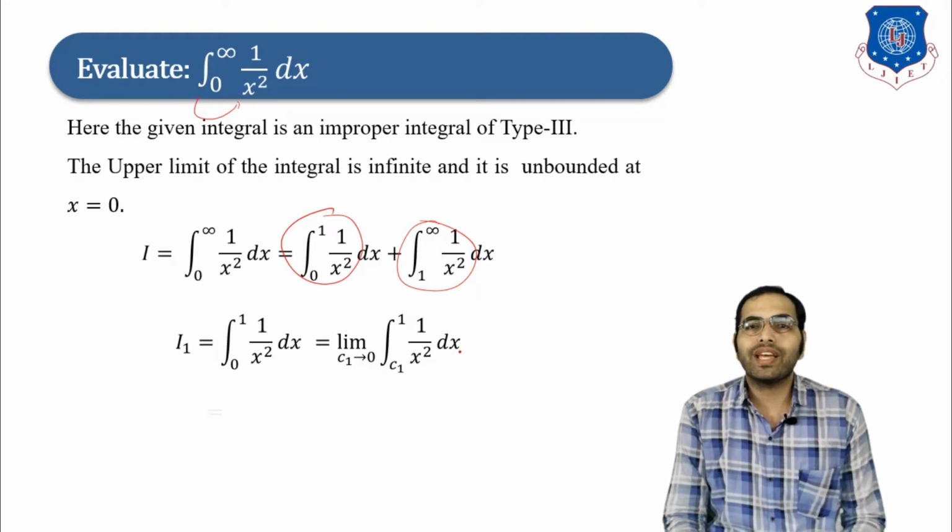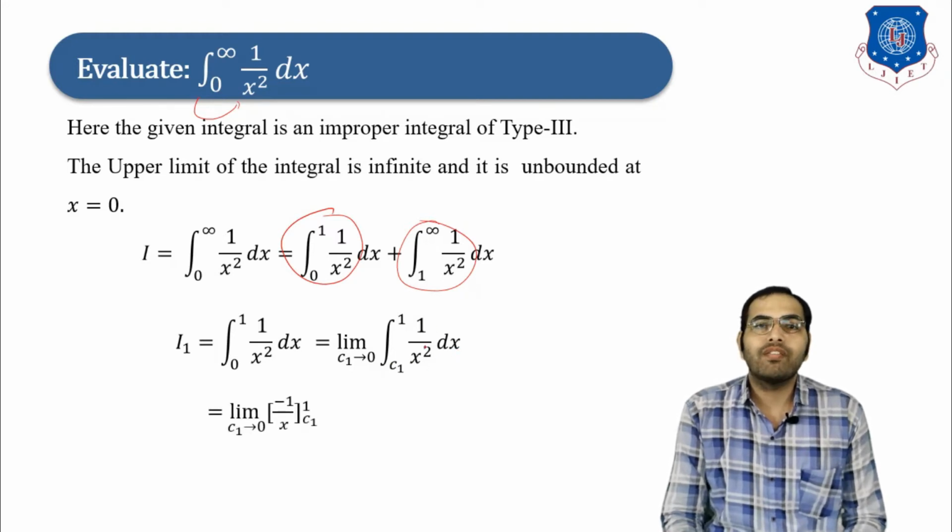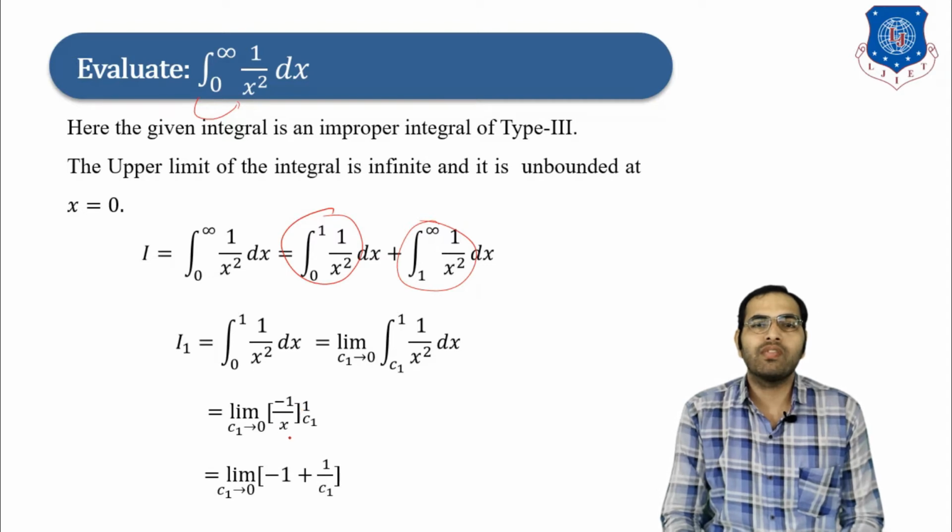The integral of 1 upon x square is minus 1 upon x, where x varies from c1 to 1. Now limit c1 tends to 0 of minus 1 upon x from c1 to 1. Applying the upper limit minus the lower limit gives limit c1 tends to 0 of minus 1 plus 1 upon c1.